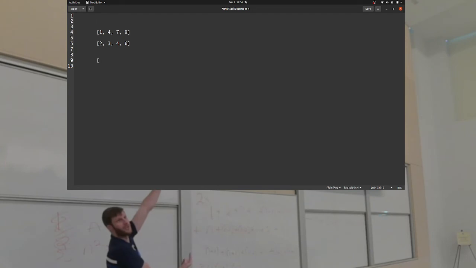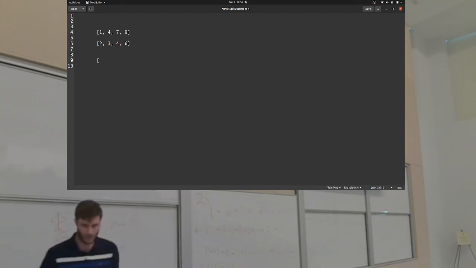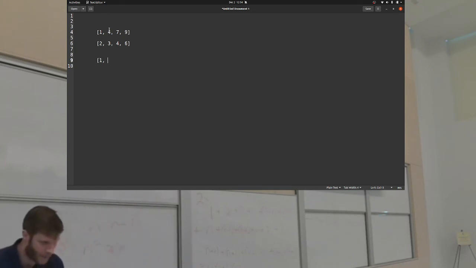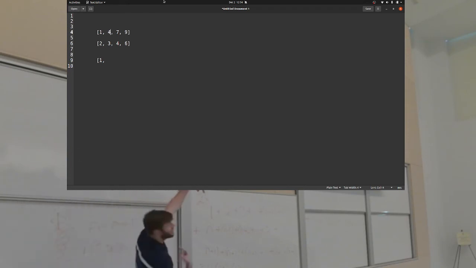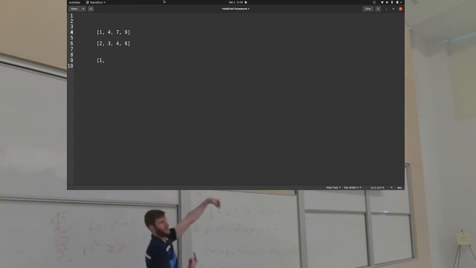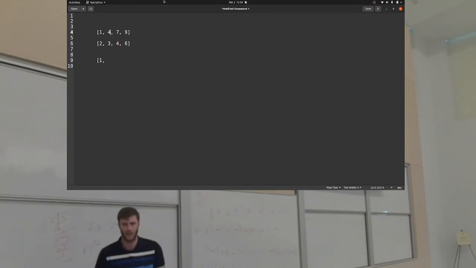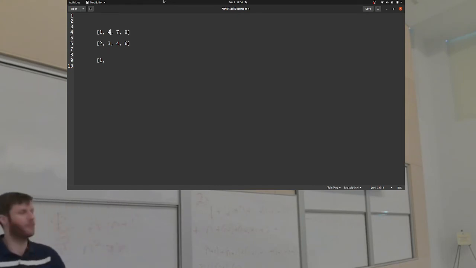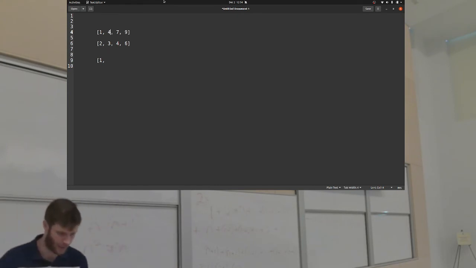Which comes first? 1. Perfect. So I add the 1, and now I'm pointing at the 4 and the 2. I move the index on the top one down 1, because I took the 1 out. And I ask, what comes first, 2 or 4? 2. Okay, great. So I'll go there.